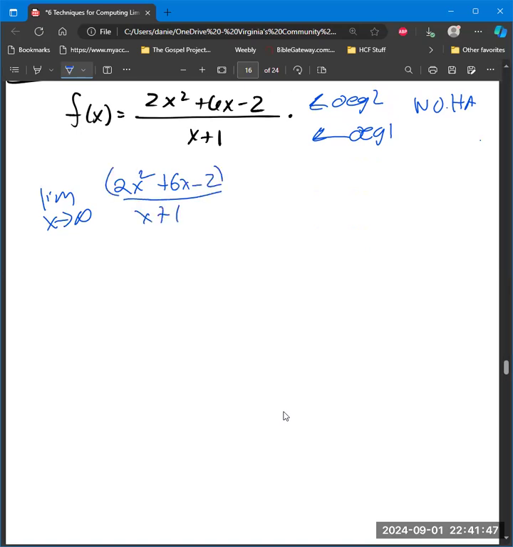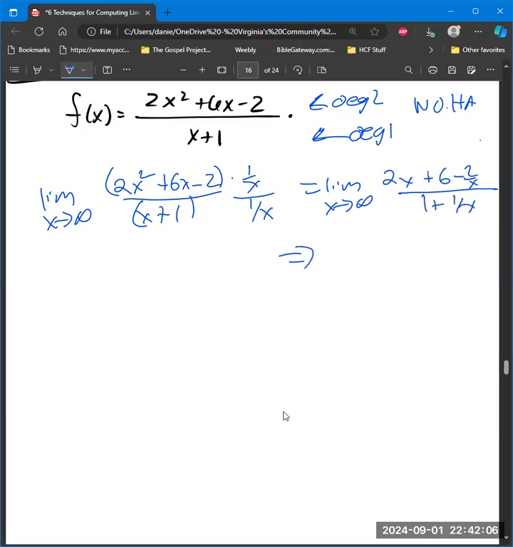We're going to multiply by 1 over x, and that is going to be limit as x goes to infinity of 2x plus 6 minus 2 over x over 1 plus 1 over x, which is going to approach a positive infinity over a positive number, so it is going to be positive infinity.